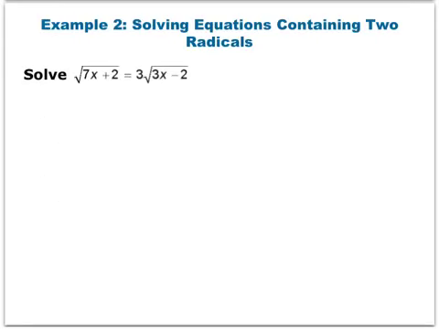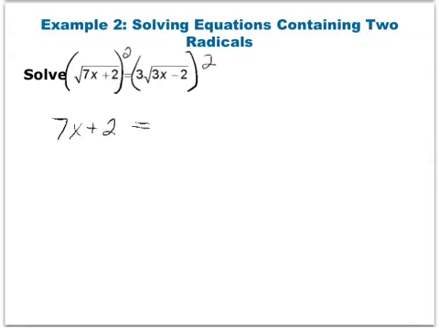Now we're going to solve equations containing two radicals. So in these examples, you want to make sure that you have as much of a full radical on one side of the equal sign and a full radical on the other side of the equal sign. And we're just going to square both sides. So when I square the left side, I'm left with 7x plus 2.